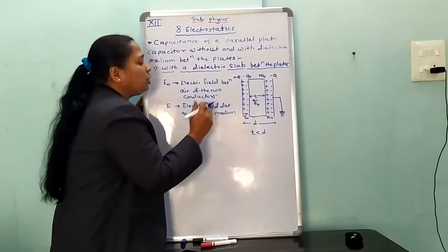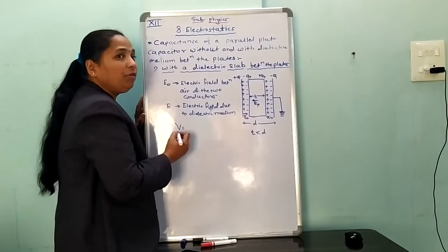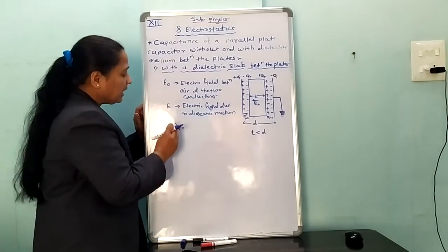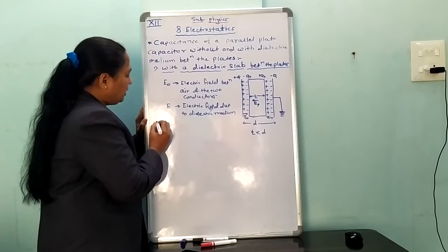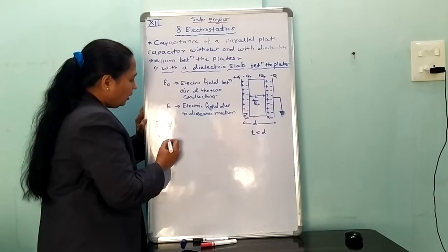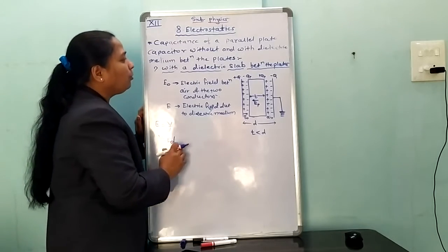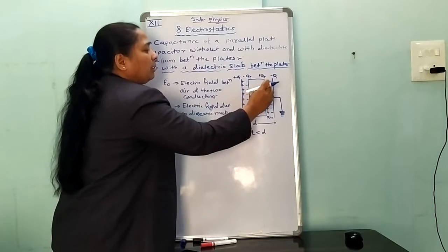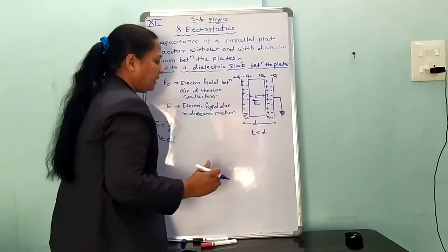The net potential difference V: what is the relation between electric intensity, electric potential and the separation between the two plates? The electric field intensity E is equal to V upon D, so V is equal to E into D. That formula is used to calculate the net potential when a dielectric slab is kept between the two parallel plates.